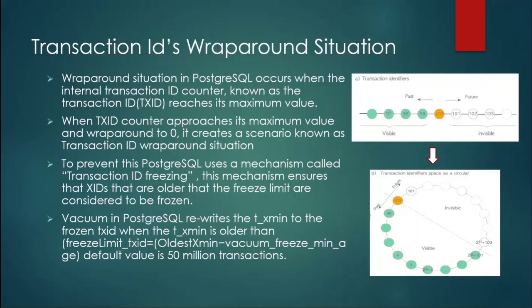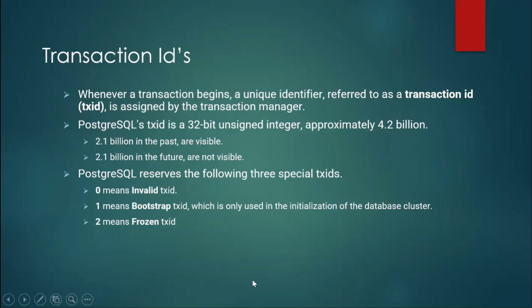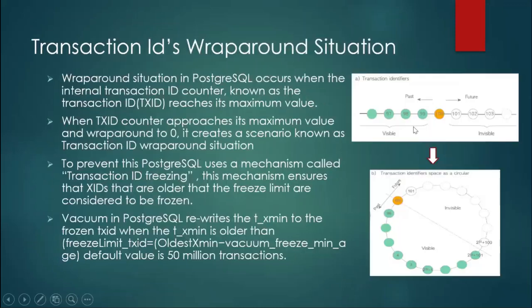So, the transaction ID wraparound situation. This is important. As we discussed in the previous slide, we have a limitation of 4.2 billion. Whenever your 4.2 billion limit is reached, you get a situation called wraparound. What happens then?